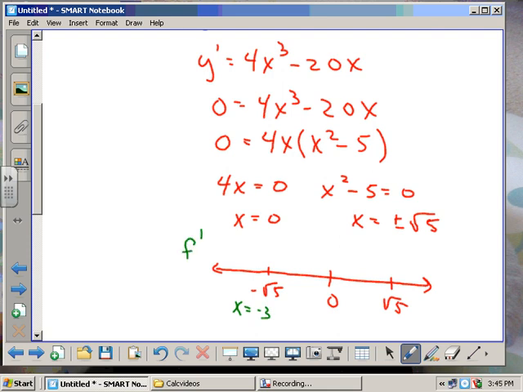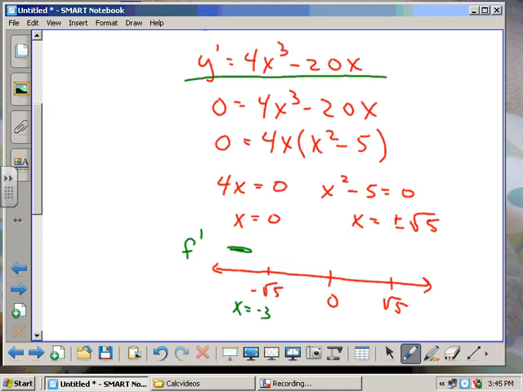So if we plug negative 3 into this first derivative function, we have negative 3 cubed times 4 minus 20 times negative 3. That's going to give us a negative output, so I know that I'm going to be decreasing over that interval.